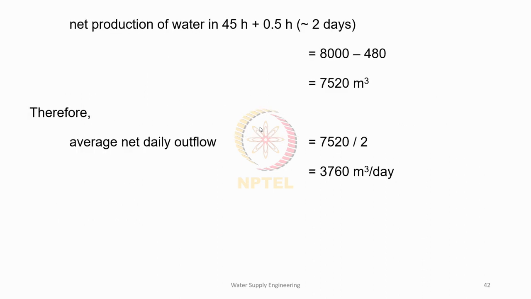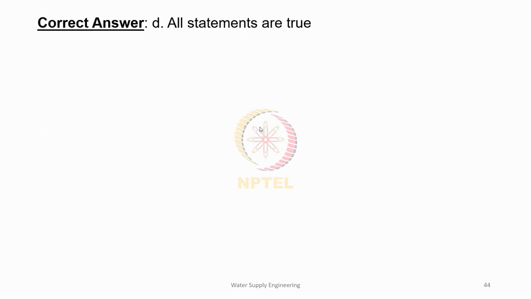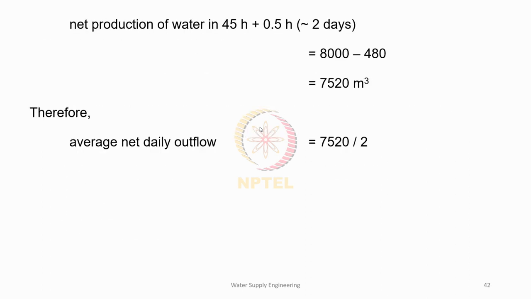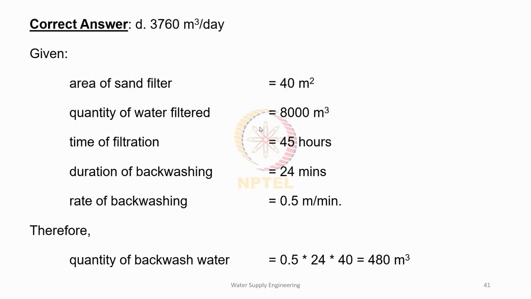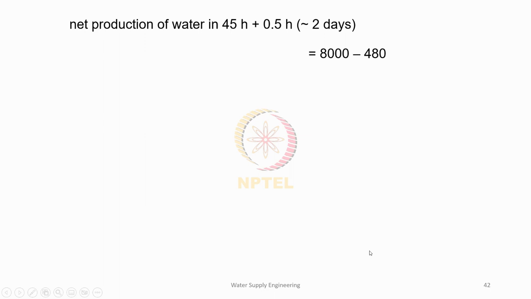That last part, yes, it's the net production of water. So what is happening here is, we know that the capacity is that it can filter out 8,000 meter cube, but 480 meter cube is used for backwashing. So the net amount produced will be 8,000 minus 480.